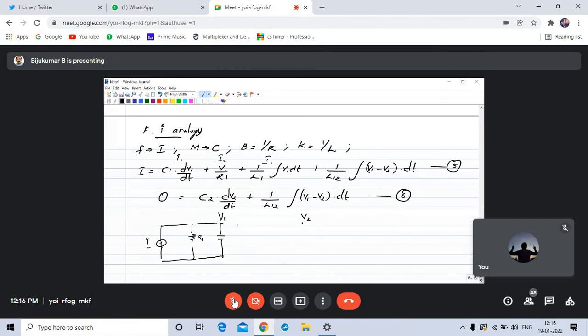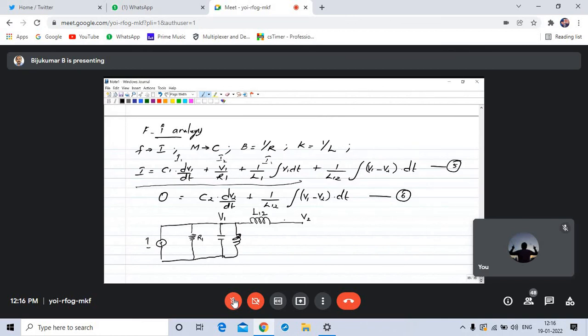So these first three are related with node 1. For L12, there will be a difference in potential between V1 and V2, so the inductor should lie between V1 and V2. That is L12. So we have completed the first part.